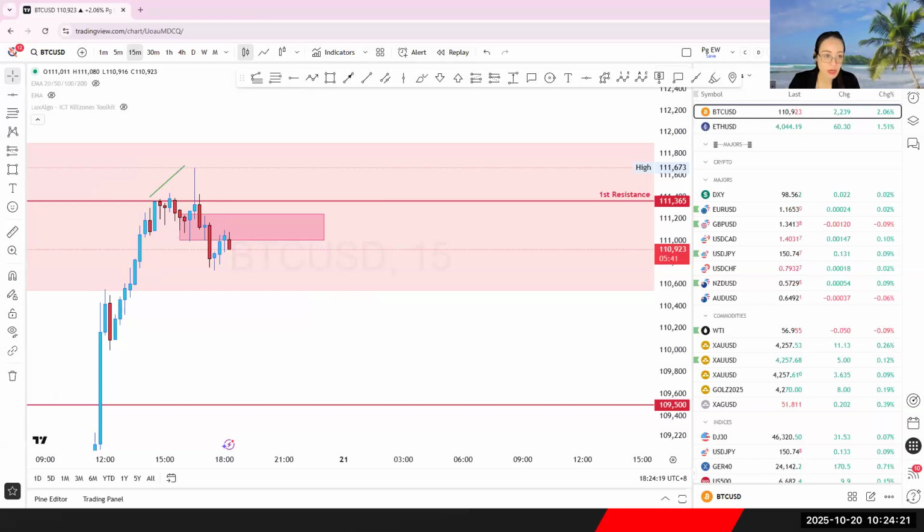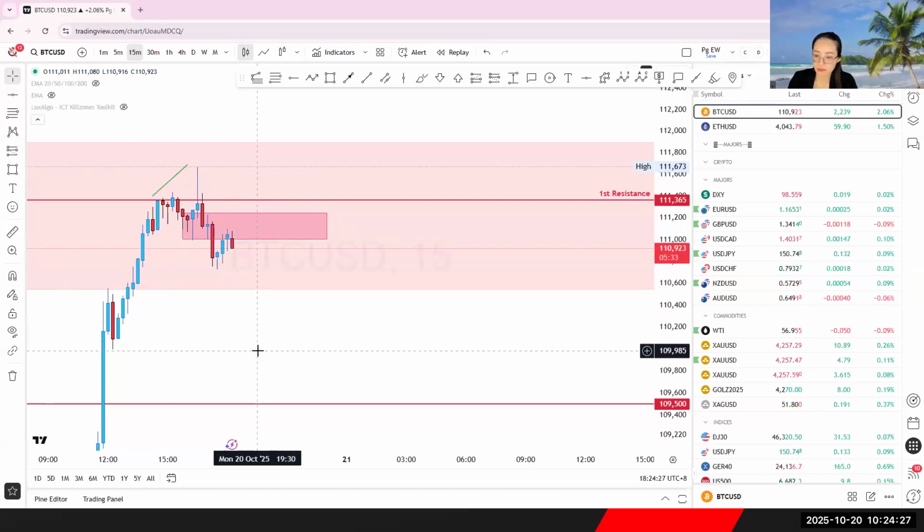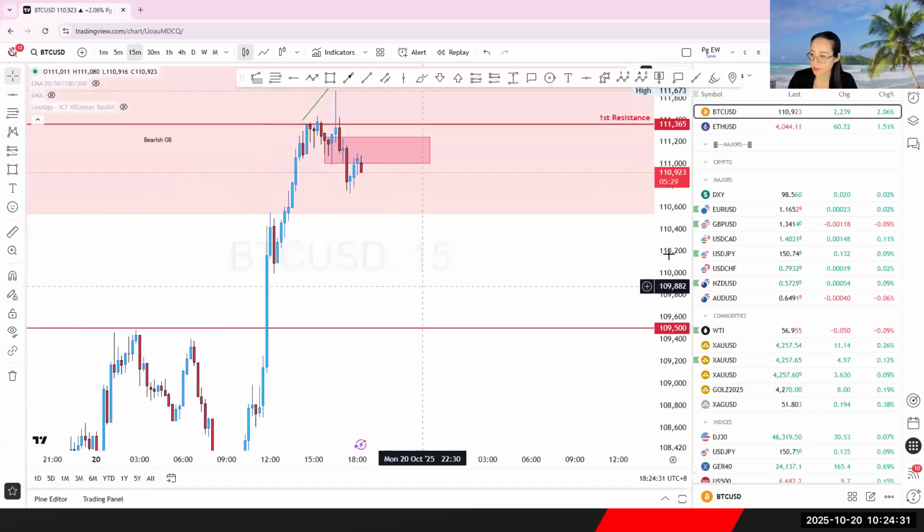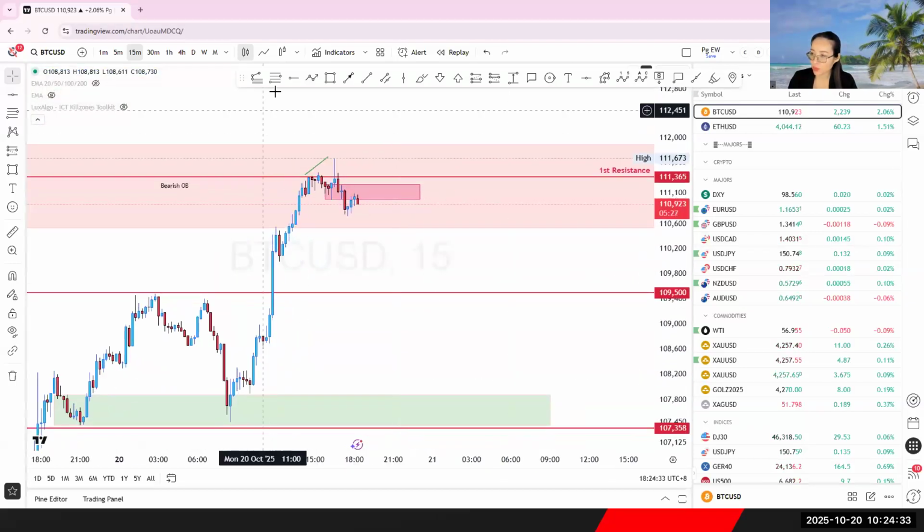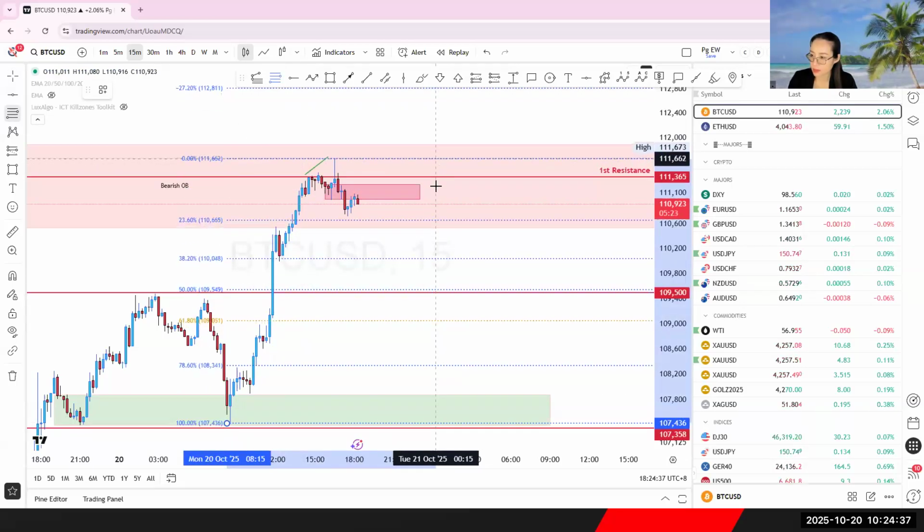Anyone? Last one before I end the webinar. Besides BTC, guys. Now we're already in positive for BTC. Let's say we use a Fibonacci, and I will take profit 50%.